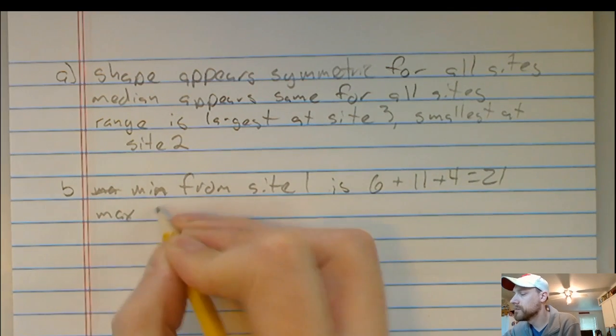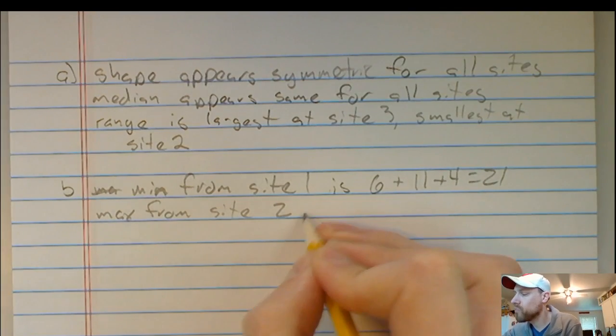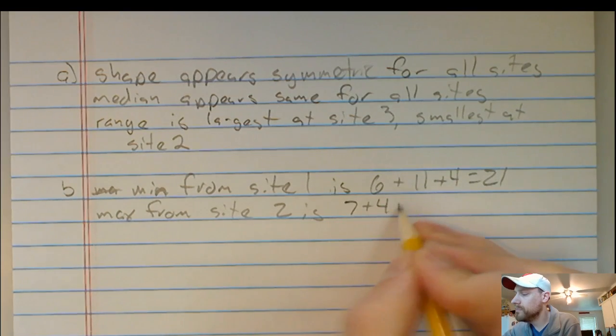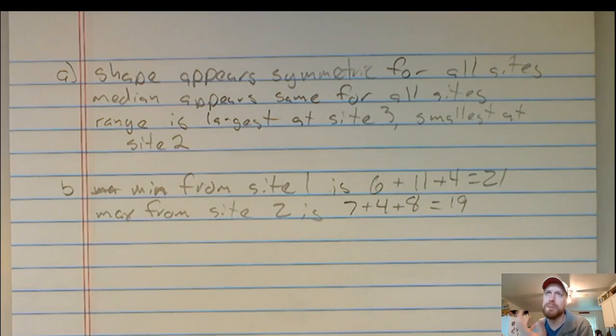Max from site 2 is 7 plus 4 plus 8, which is 19. And then we should probably show that it does fall within the range of site 3.